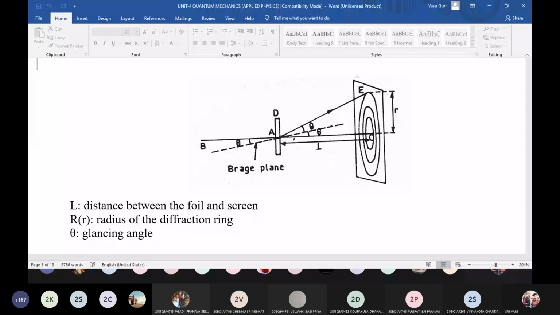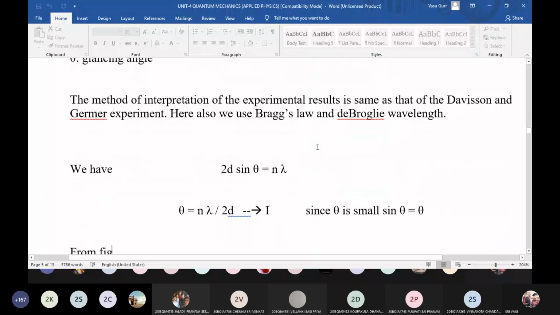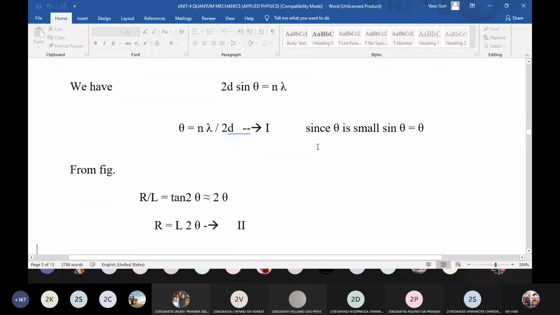After completion of the experiment, by using Bragg's law, they proved that both values were the same. This proves that the waves emitted from the experiment come from the electrons, and they are said to be matter waves. In the GP Thomson experiment, GP Thomson also proved the same concept with Bragg's law, 2d sin theta is equal to n lambda, and the de Broglie wave expression.